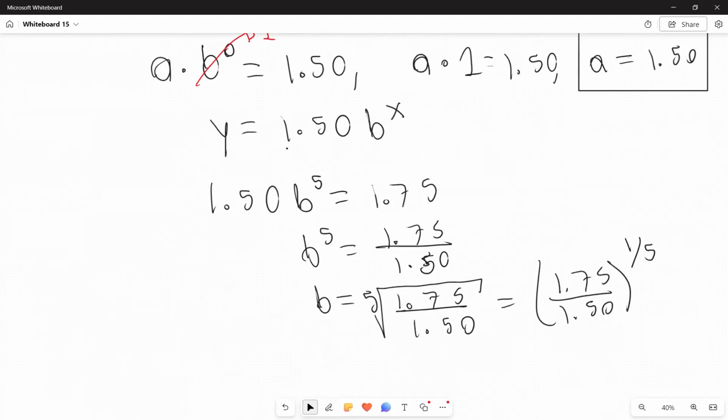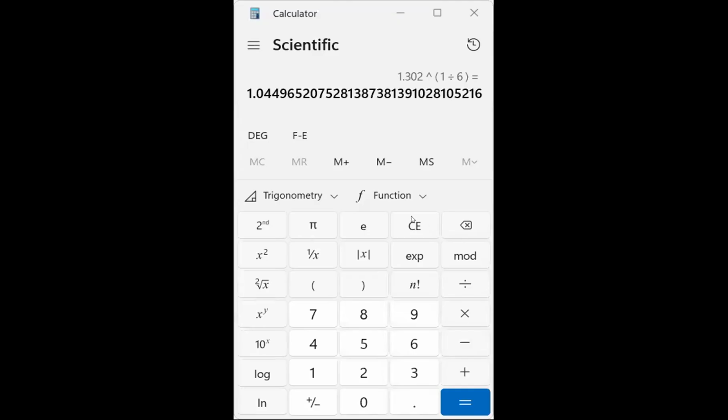Okay, so let's find out. This is 175. So I didn't use the grouping symbol, so that's 175 divided by 150 to the power of 1/5. So this is approximately 1.031.